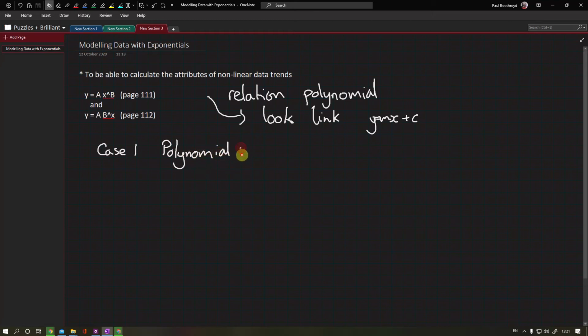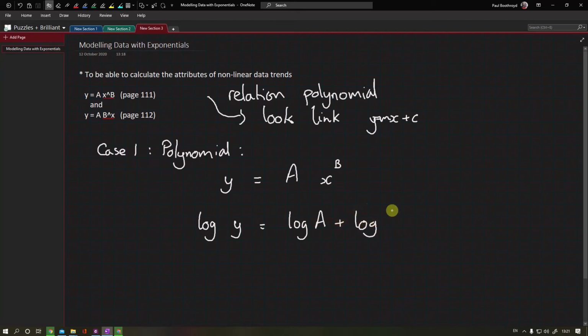So if we start off with our function, this is case 1, which is the polynomial relationship. We begin with y equals ax to the power of b. And if we take the logs of both sides, it doesn't matter if it's ln or log, we get log of y is equal to log a plus log x to the b, which comes out as log a add on b log x.